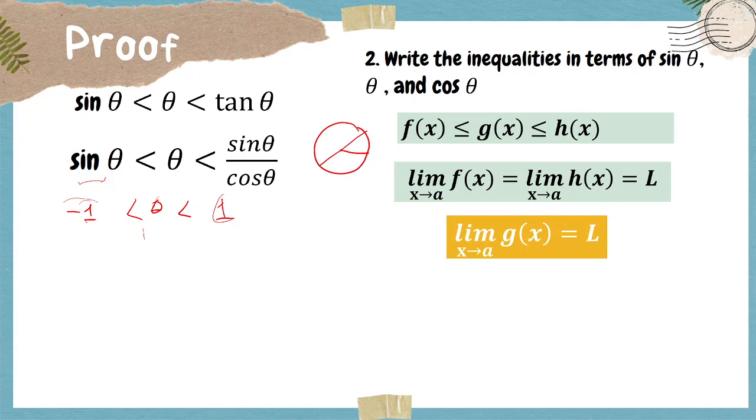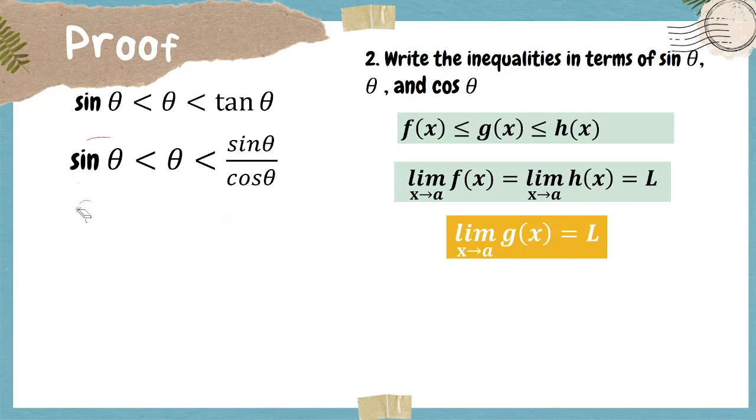Now, in order for us to make this sin theta equal to 1, how are we going to do that? We have to divide by sin theta also, no? So let's solve these inequalities. That's why we reviewed inequalities a while ago.